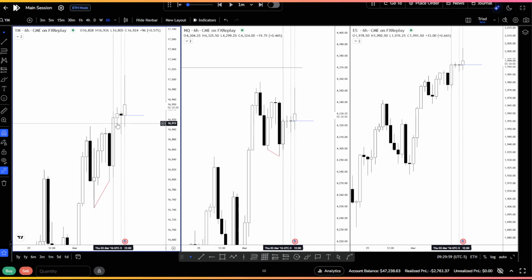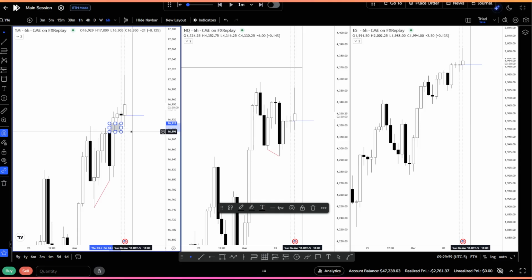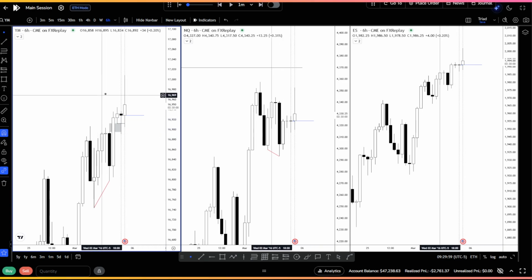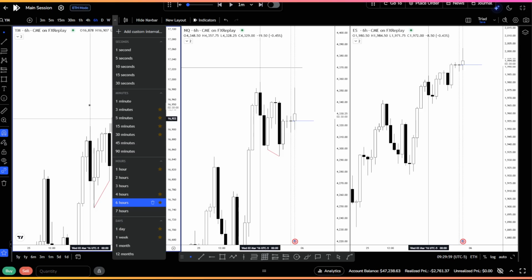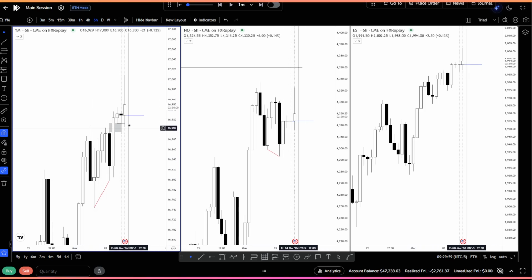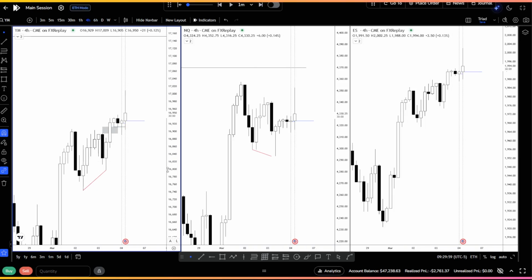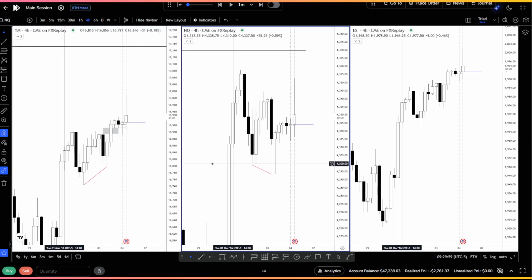We go lower, and then we tapped into this fair value gap. We make the C2, a clean C2 for me, really clean. And then this should have ideally been expanded to the upside, but let's see why it didn't.